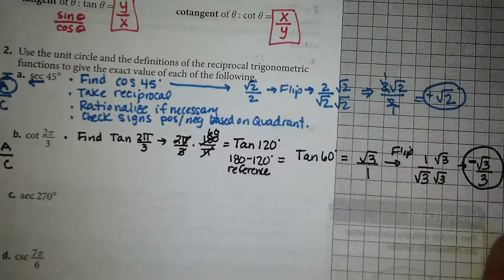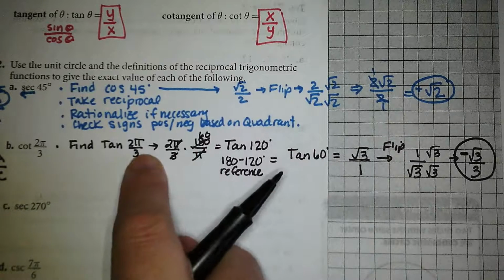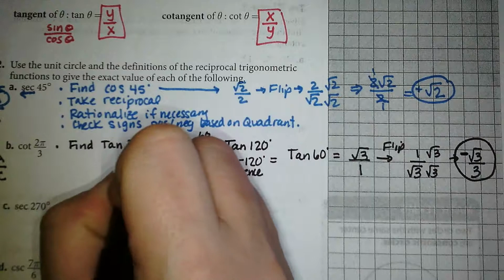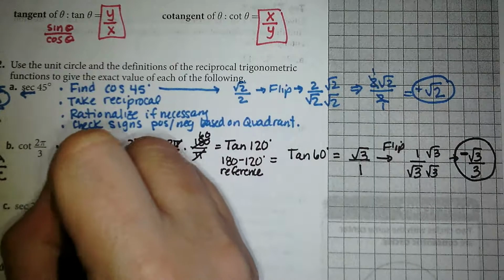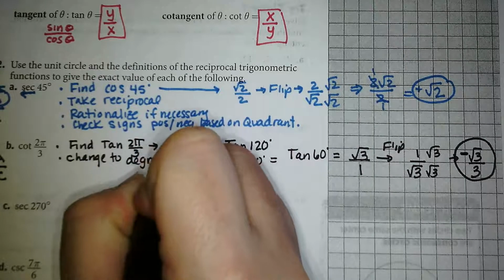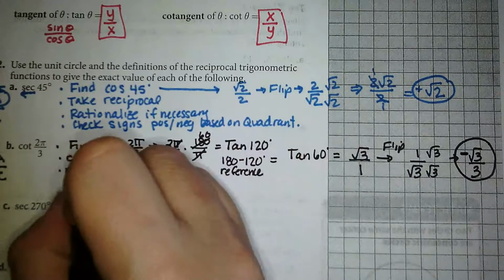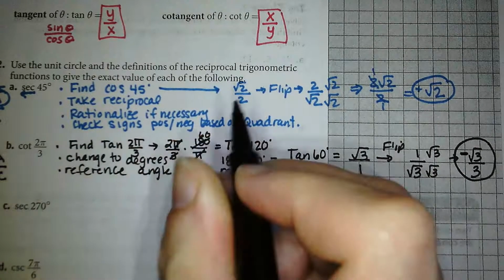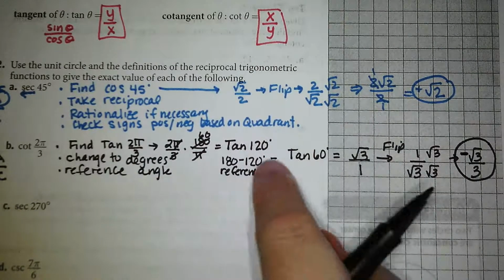All right, so maybe let's write some steps down for this one because I think I forgot to do the steps here. So first I did this, which means that I needed to find tangent of 2 pi over 3. And that means that I need to change to degrees. Once I change it to degrees, then I find the reference angle based on the quadrant. Our reference angle is 180 minus the angle because it's quadrant 2.